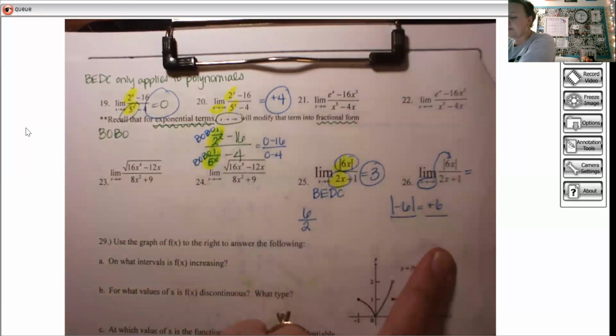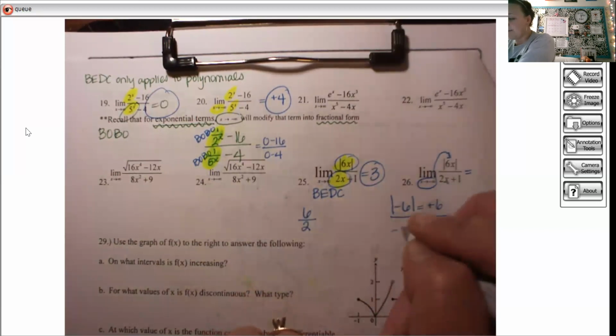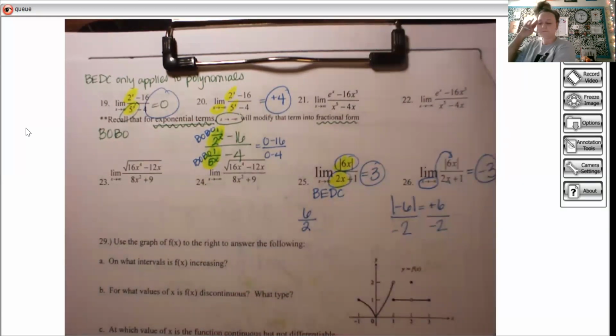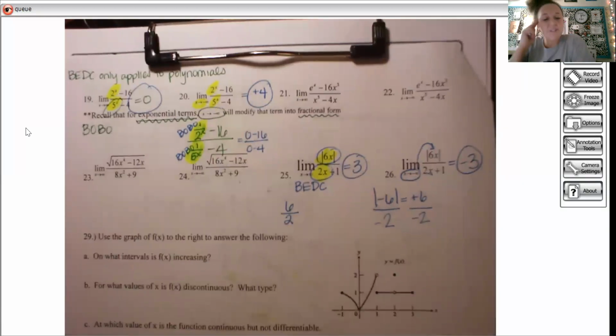Okay, versus on the bottom, when I put this negative in the 2x, that negative is going to rub off on the 2 and it's going to stay negative. So the other side will go to negative 3. Okay, so think about the difference. If it's absolute value or exponential, the two ends could potentially come out to be different. You just have to kind of check.